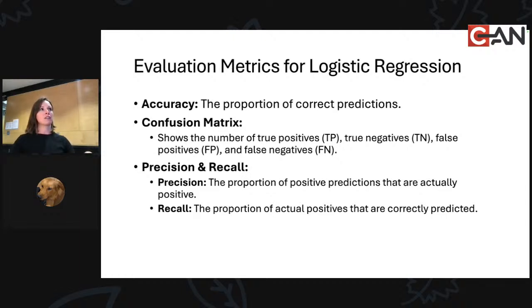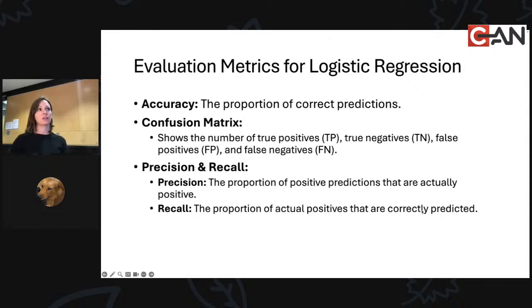But in very, very short terms, true positives are the instances in which we predicted it was a positive event, and it in fact was that positive event. So in our example, we're trying to detect breast cancer, we predicted it was breast cancer, and it in fact was breast cancer. Or we predicted it wasn't breast cancer, and in fact wasn't breast cancer. That's a true negative.